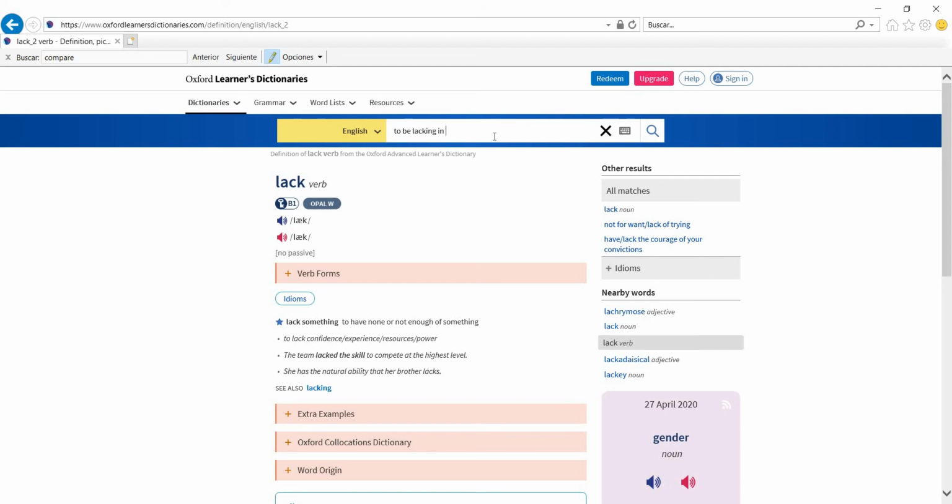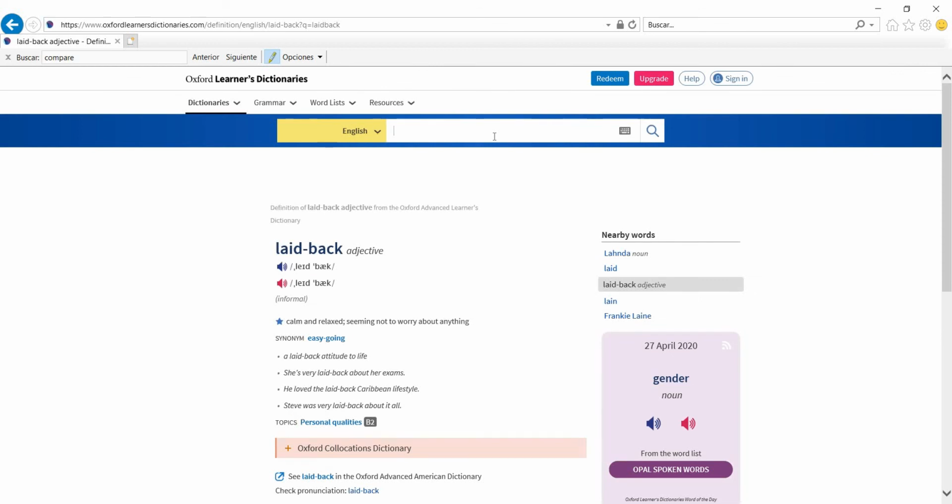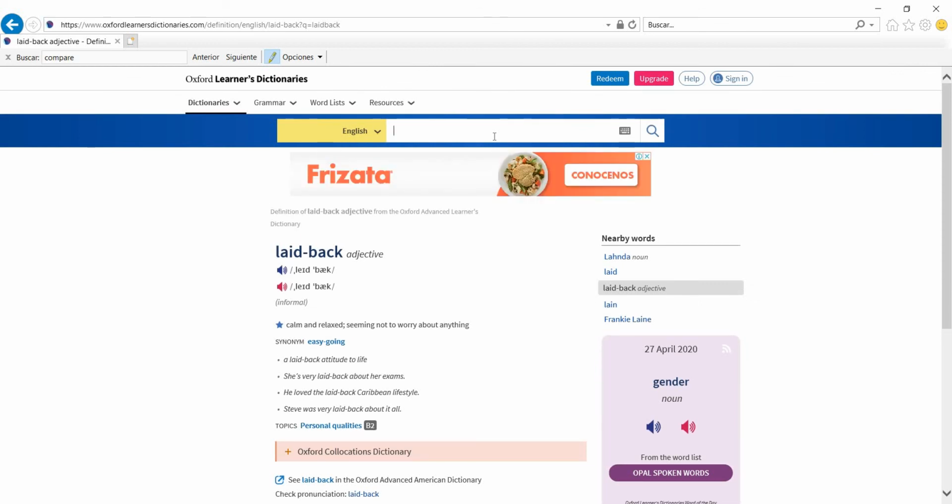In activity 2, they use this word laid back, right? Which is a very popular, very, very useful word. A laid back atmosphere is here, meaning easygoing, so relaxed, right?